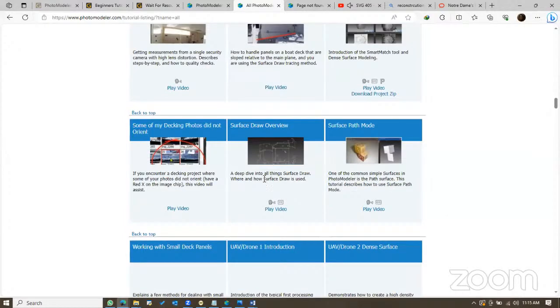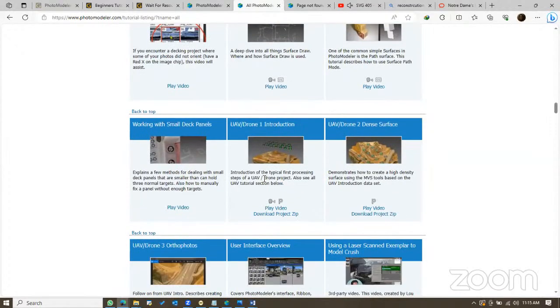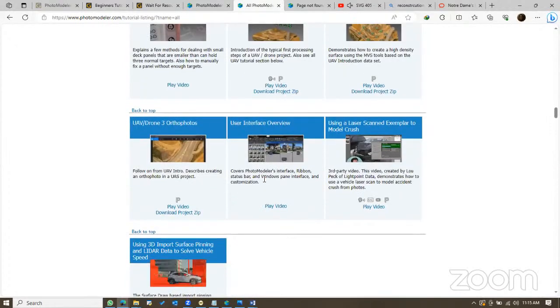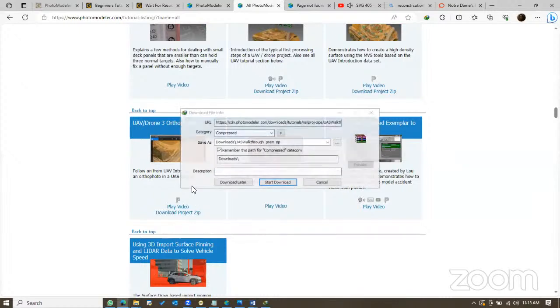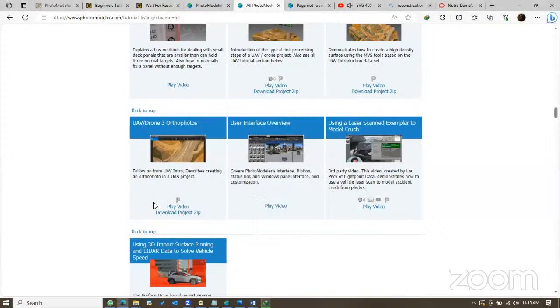I have a lot of photos captured. This is what you need. I have a lot of images captured from a drone camera. I don't know whether you don't have drone cameras in your department.